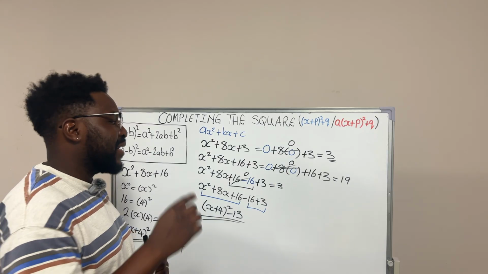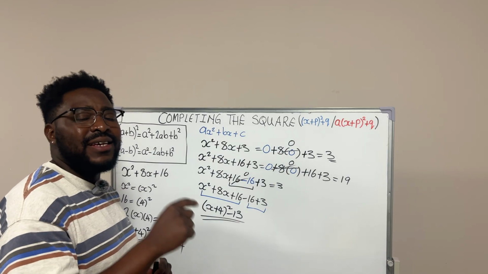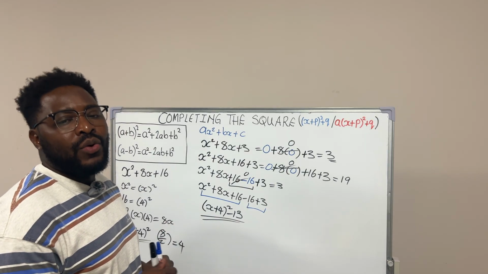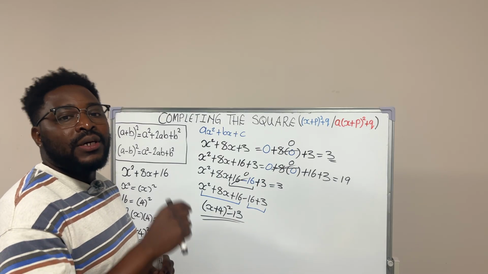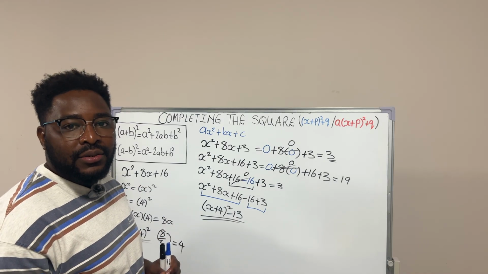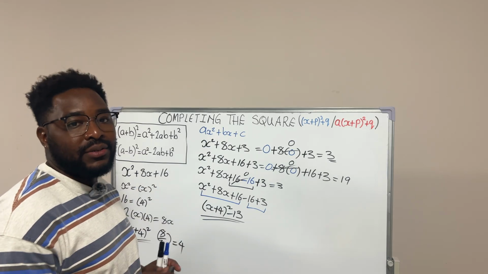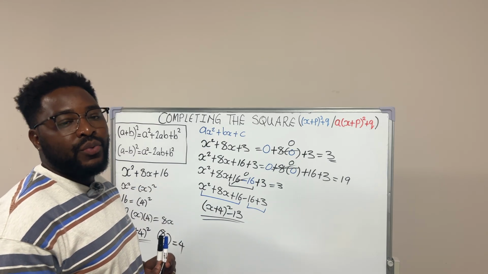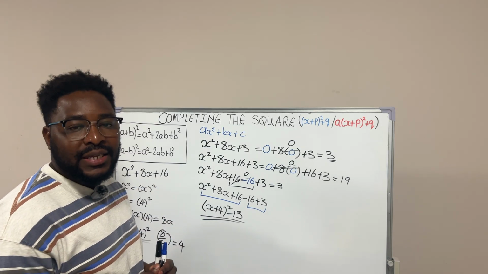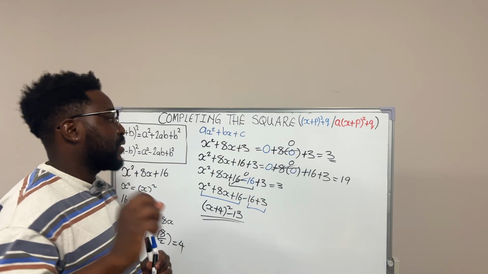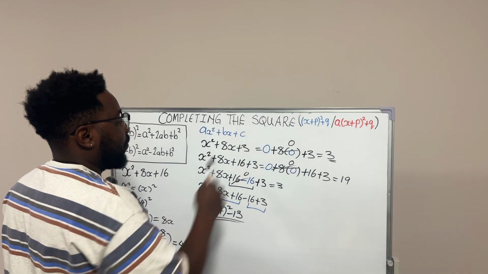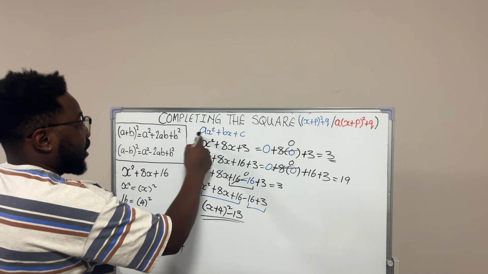Well, to find the number that you can add and subtract, you have to take half the coefficient of x and then square it. Yes? We take half the coefficient of x and then square it. Let us talk about that by using our standard form over here.